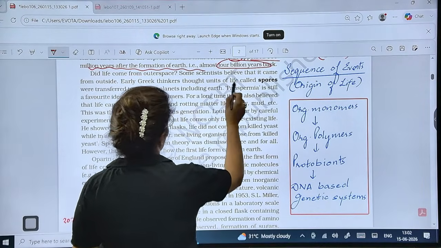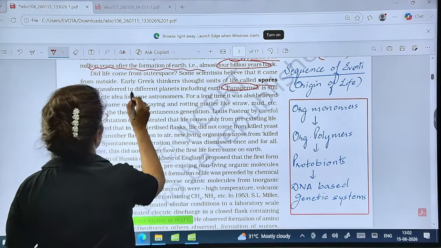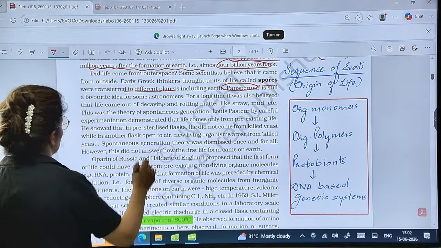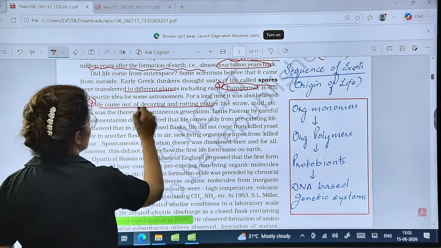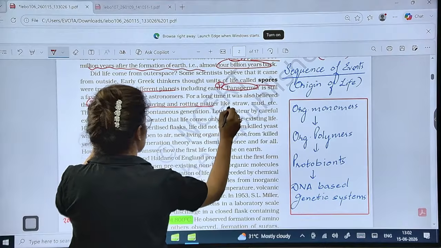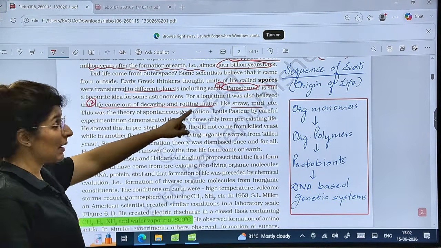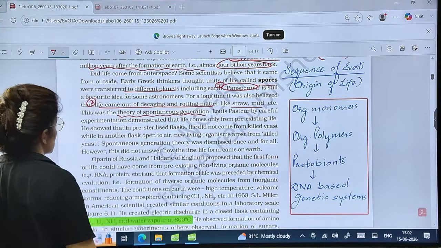According to the theory of panspermia, spores came from different planets and gave rise to life. Then this was the first concept, that life came from decaying and rotting matter like straw. This explains that life came from non-living matter, abiogenesis, or the theory of spontaneous generation.